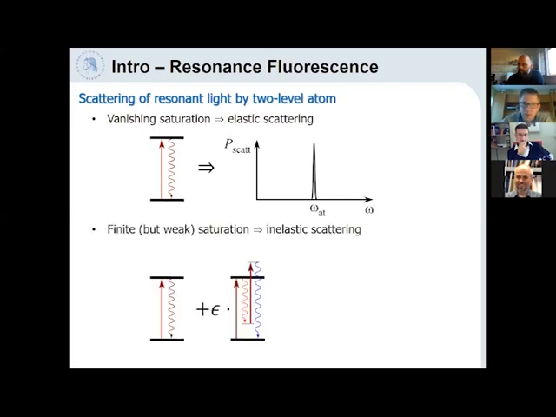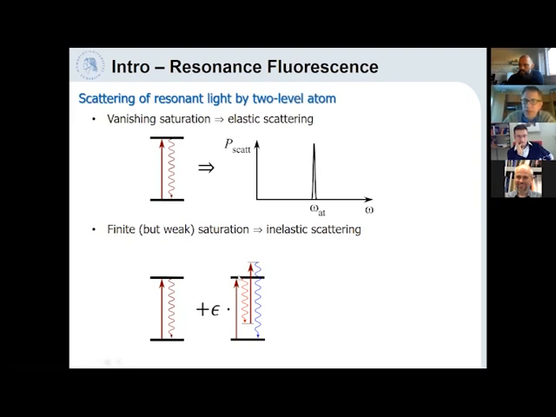But if I now have finite saturation, and you always have finite saturation, it's not zero intensity, then there's some probability for 2 photons, which are indicated by these brown arrows here, arriving at the atom within the lifetime of the excited state. So this is what we will then call simultaneously arriving photons. They only have to arrive within the lifetime of the excited state.